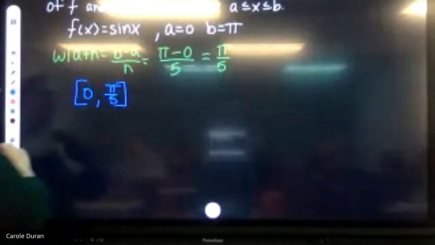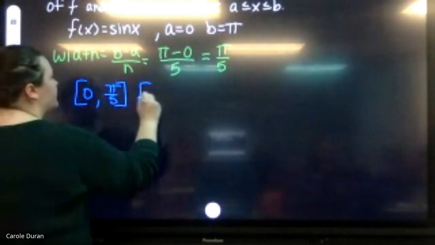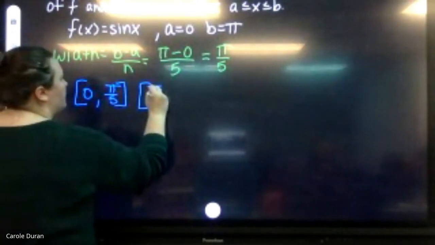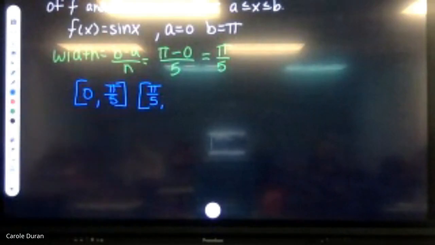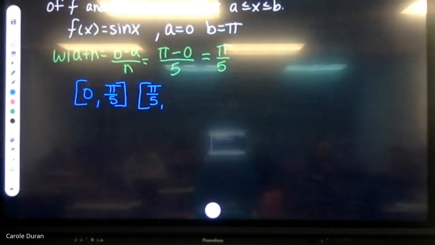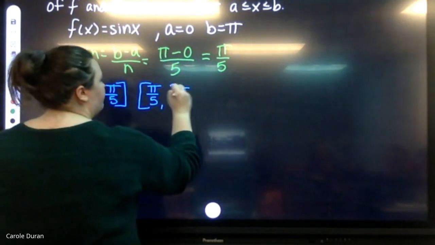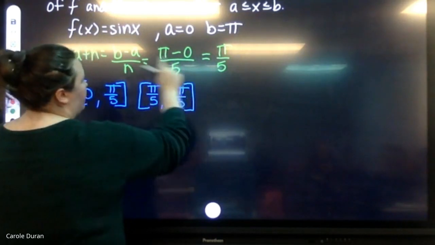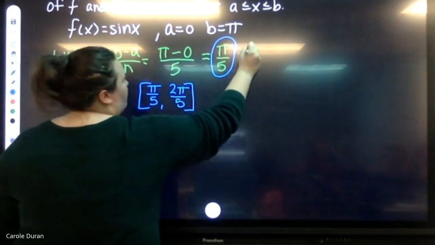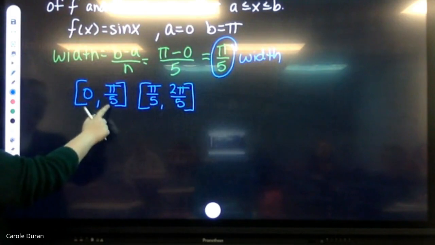Which means since my first interval ends at pi over 5, my second interval starts at pi over 5. Then I add pi over 5 to that to get the rightmost point on that subinterval. So what's pi over 5 plus pi over 5? 2 pi over 5. Wait, so how do we know it's pi over 5? Because we calculated my width right here. So that's the width. We take the left endpoint plus pi over 5 and that gives me the right point.